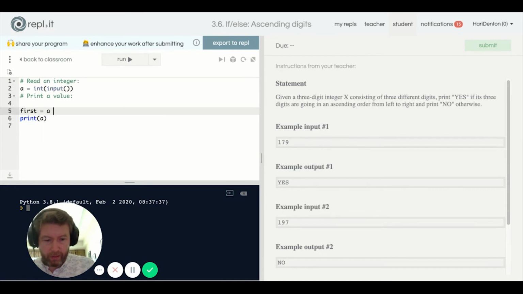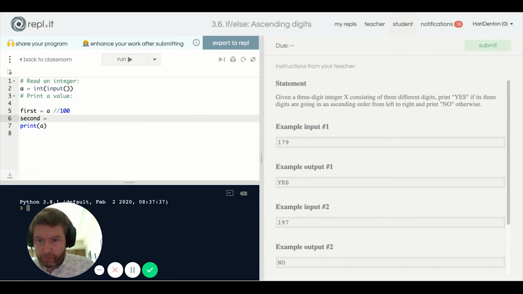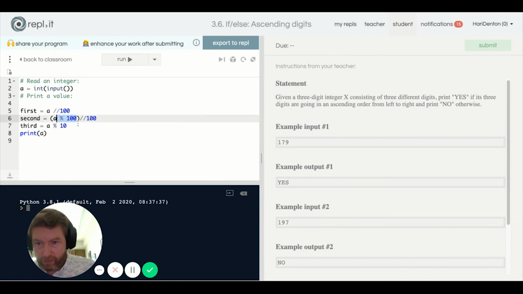Second equal to A. You work out that one for yourselves. So this gives me the remainder from 100 division, and then if I whole number divide that by 10, then I should get the second digit. And then I have to print.